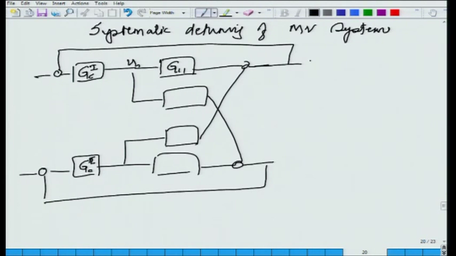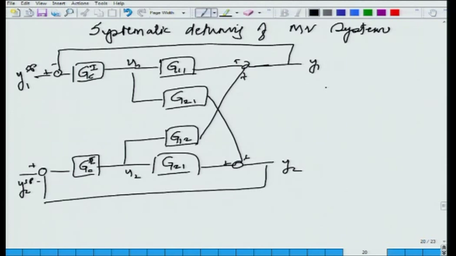This is U1, this is Y1, this is U2, this is Y2, and this is the Y1 set point and this is the Y2 set point, with negative feedback. Let us say this is plus plus plus plus.